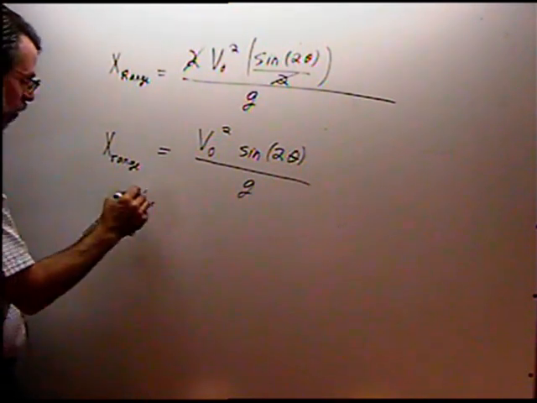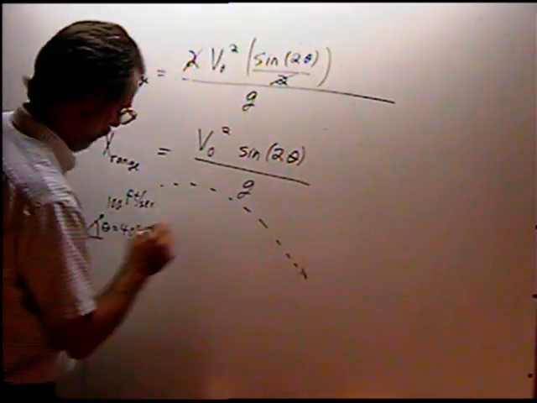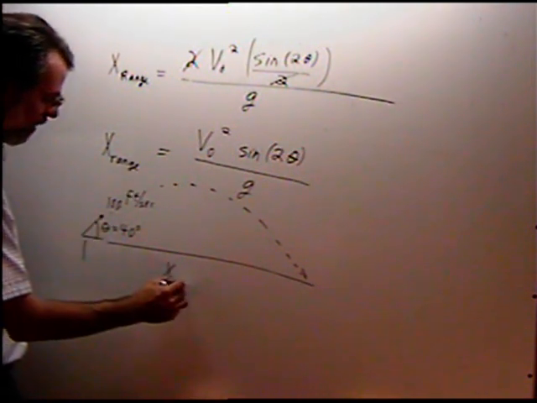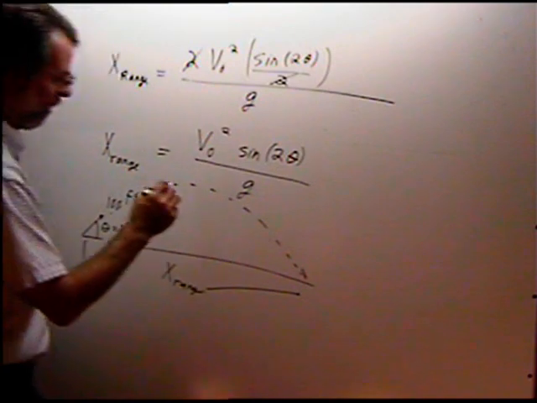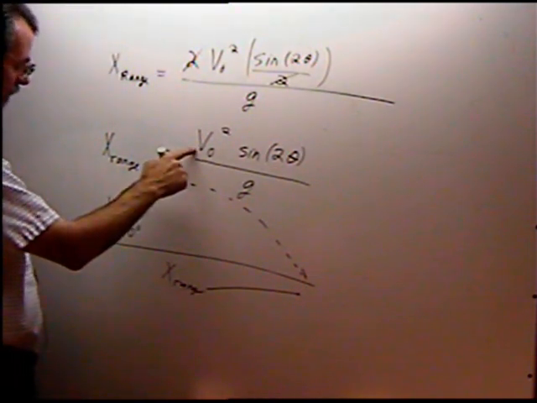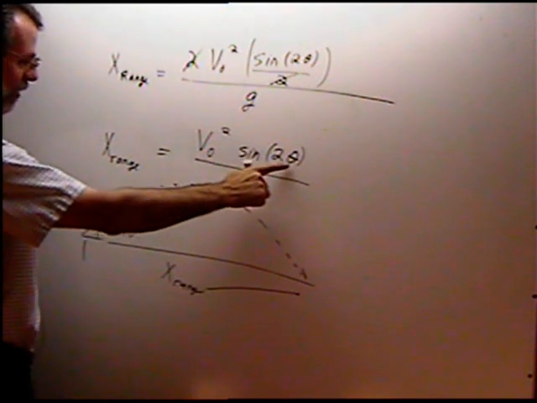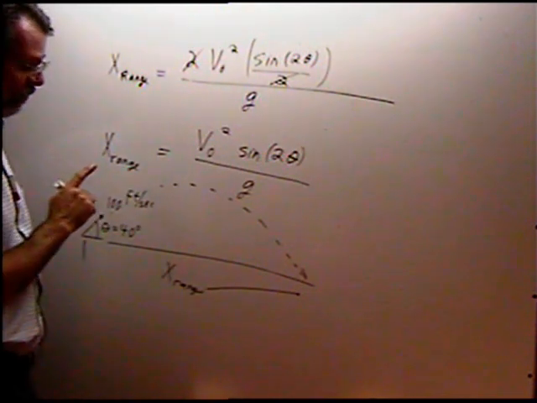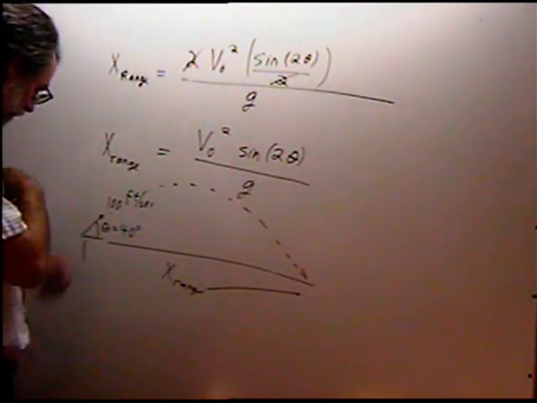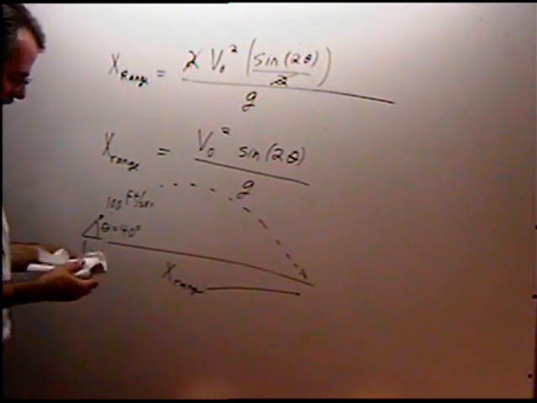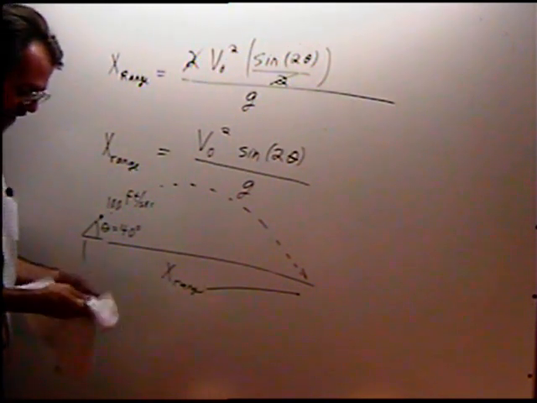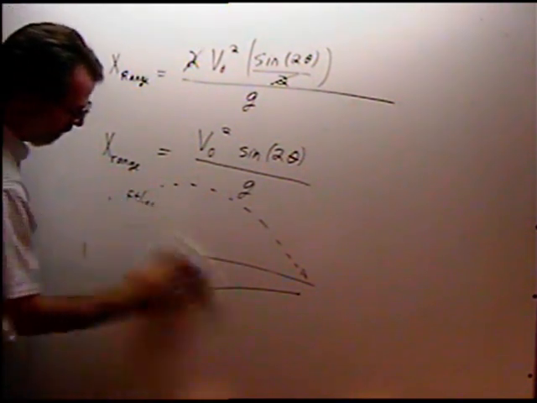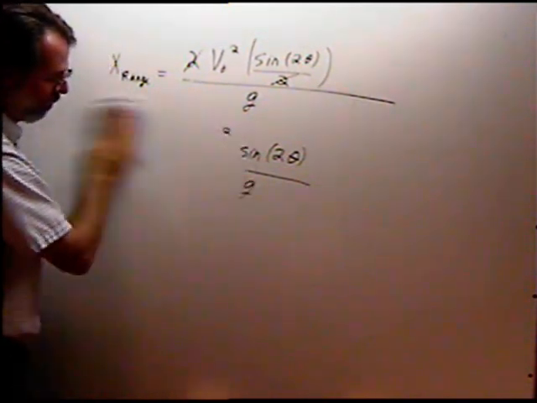If I wanted to see where that arrow would land, I'm on a flat field, this x range from here, I would plug in the initial velocity, square it, times the sine of 2 times 40 degrees and divide it by g, which in English units would be 32 feet per second squared. Okay? So we're not going to plug in any numbers to that right now. We're just going to move on to a few other examples and learn how to solve a few other types of two-dimensional problems.